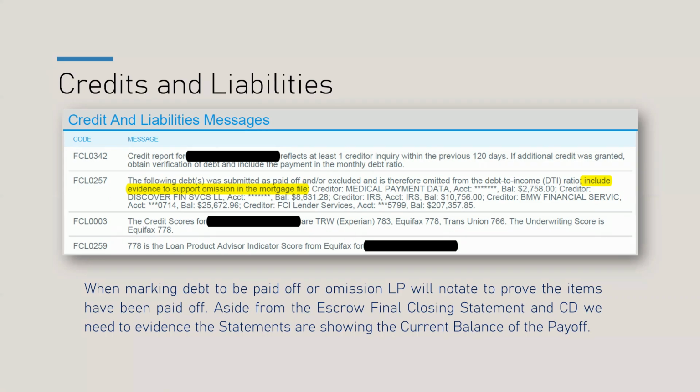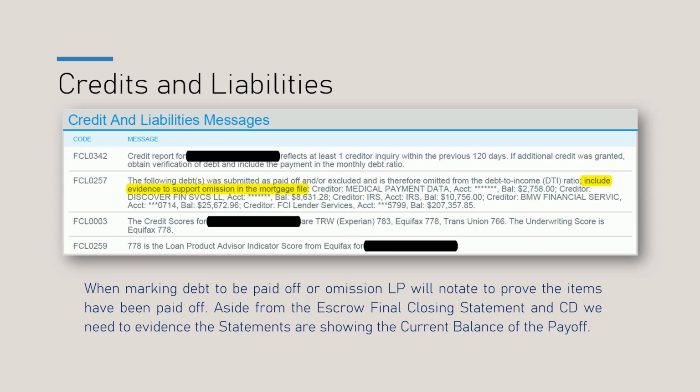We want to make sure that we are reading and reviewing the items that we've actually omitted or put to pay off. Again, just like DU, make sure if you guys are getting notations on any type of charge off or dispute that might show up.